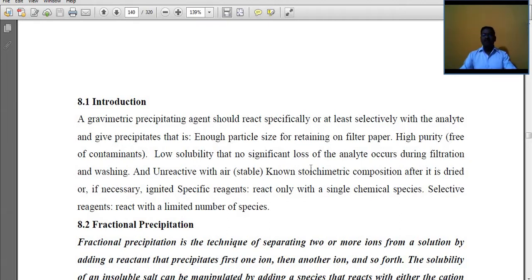The precipitate should be unreactive with air, and stable with a known stoichiometric composition after it is dried or, if necessary, ignited. Specific reagents react with a single chemical species. Selective reagents react with a limited number of species.